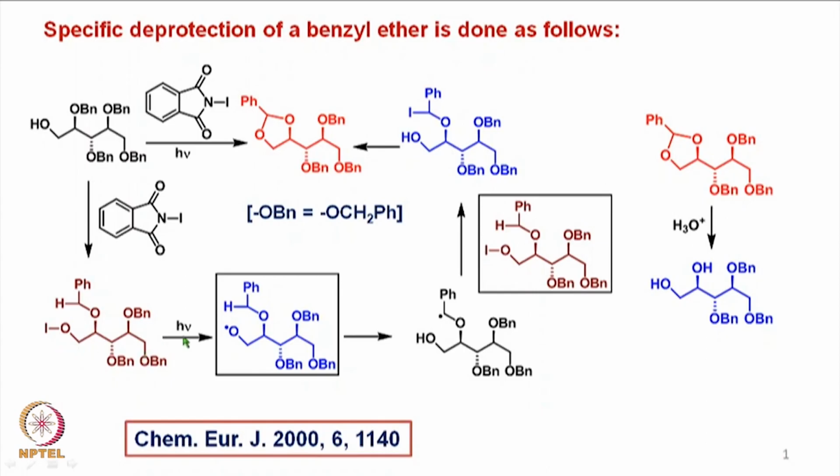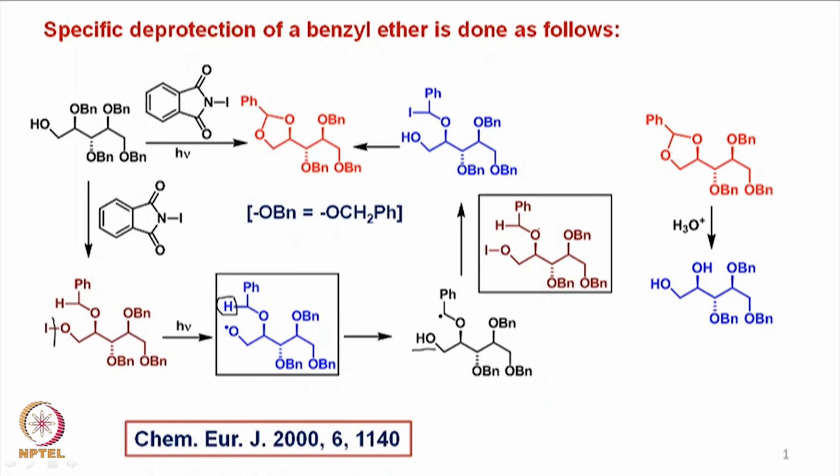And now, when we do the photolysis, this iodine oxygen bond undergoes cleavage to form the oxygen radical here, and of course iodine radical will go away, and this oxygen radical intramolecularly picks up the hydrogen from here as a hydrogen radical and becomes an OH group at this position, and generates a radical here at the benzylic position, because this radical is stabilized by the phenyl ring, and also stabilized by the oxygen.